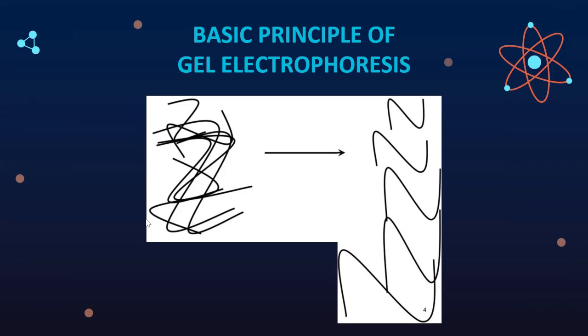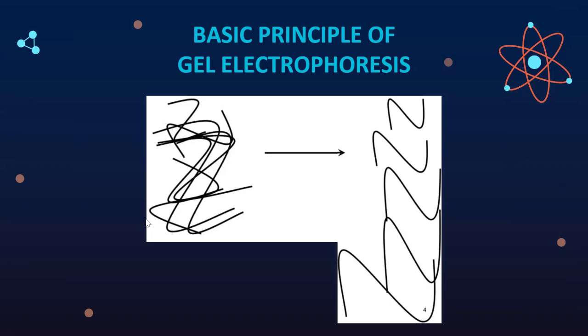As a result, the samples are sorted based on their size, and later on, it will enable us to visualize and analyze kung ano yung distinct na bands present dun sa mismong sample in the gel after the electrophoresis is complete.